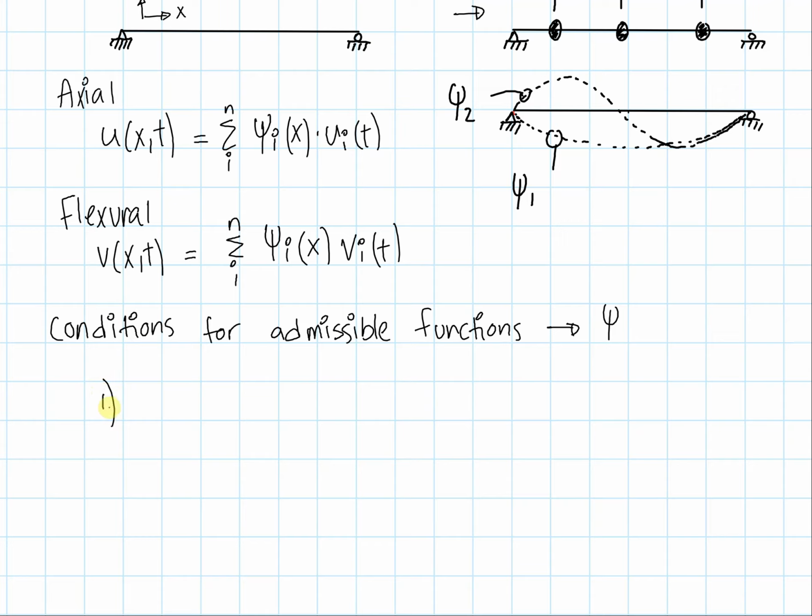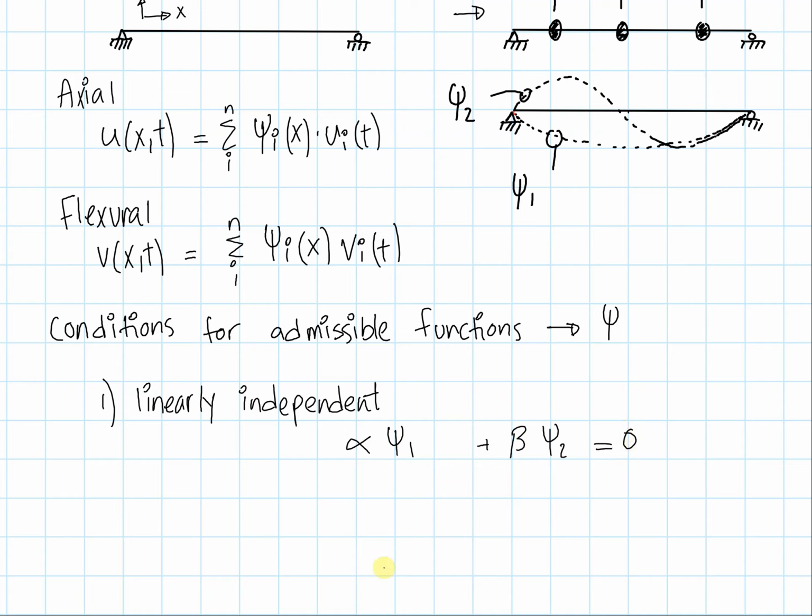So anytime we have a dynamical system which we're modeling with multiple shape functions, these shape functions need to be linearly independent. Now, what does that mean? It means that if I have a shape function psi 1 and a shape function psi 2, then I'm not going to find an alpha and a beta that make this sum equal to 0.